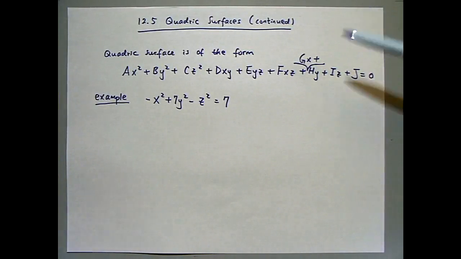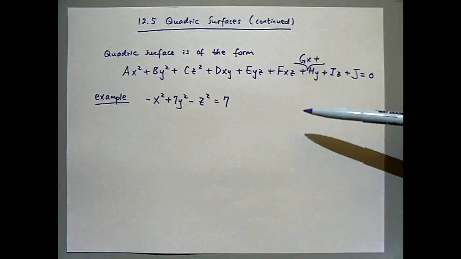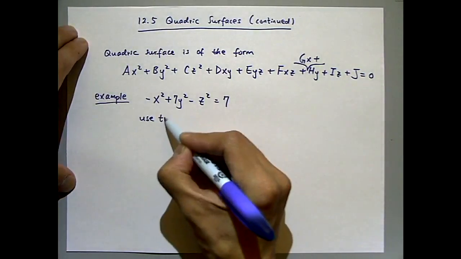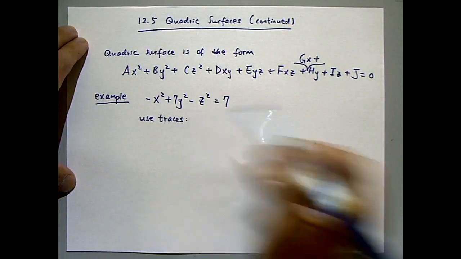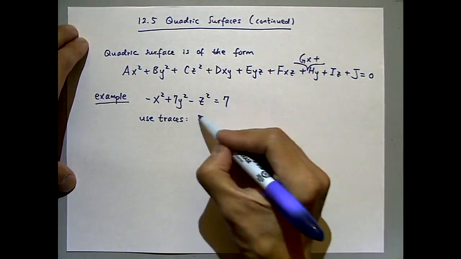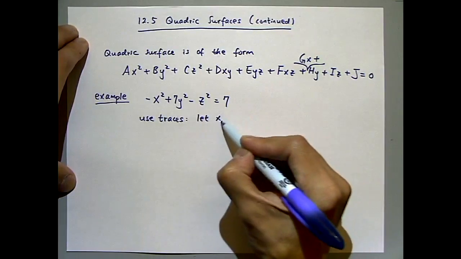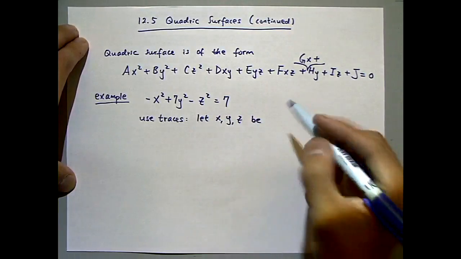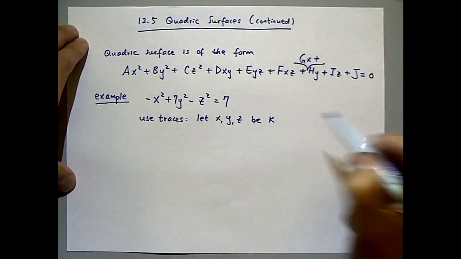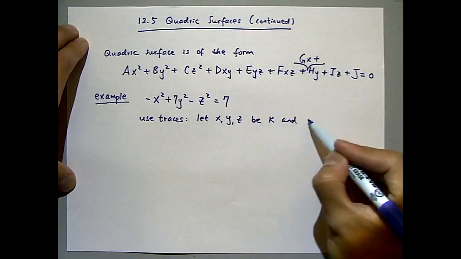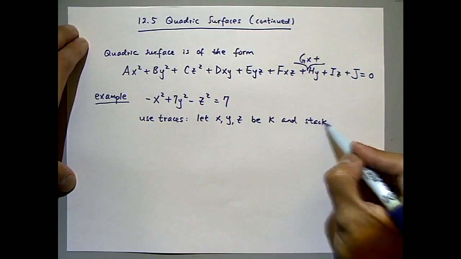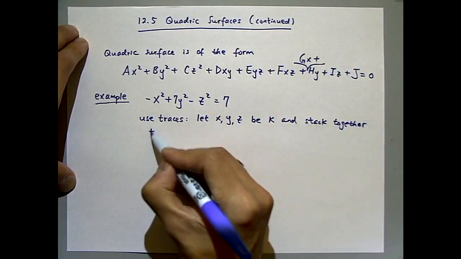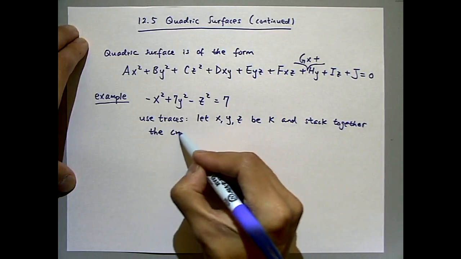Okay, now we're going to use the same technique we used last time. And remember, what we do with traces is to let x, y, or z be some constant, let's say k, and then we stack together the cross sections.